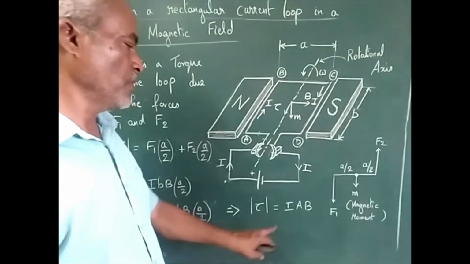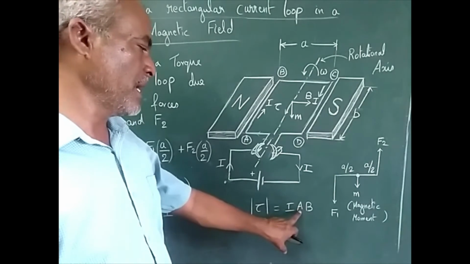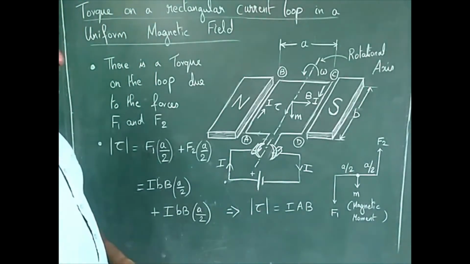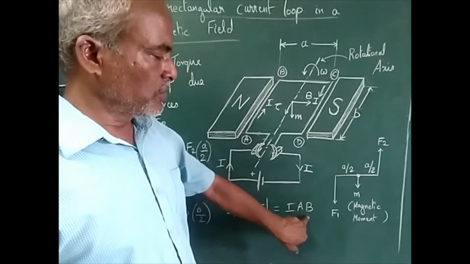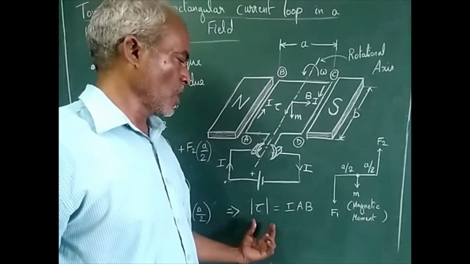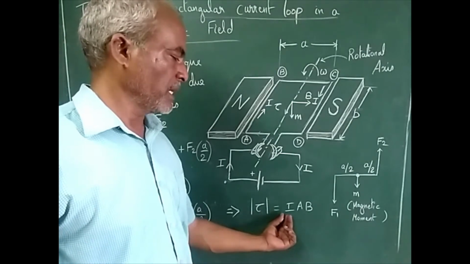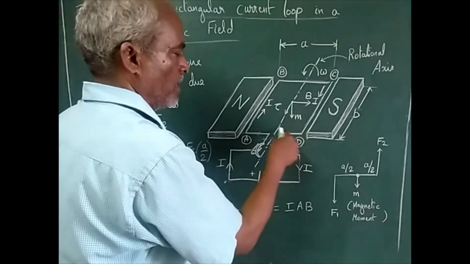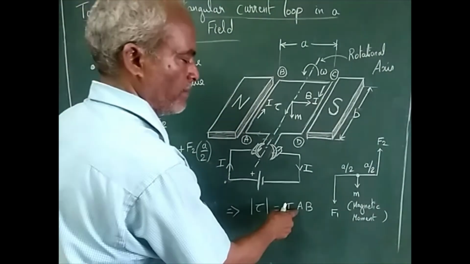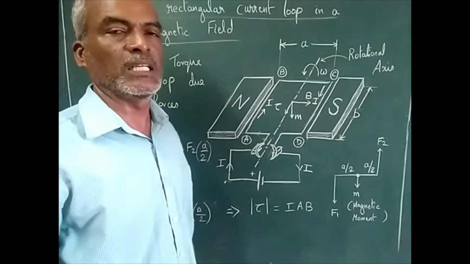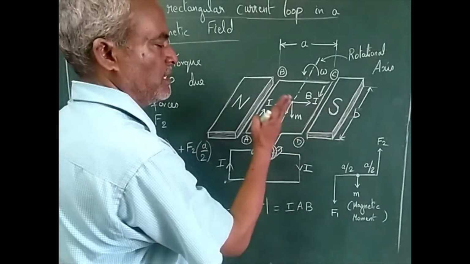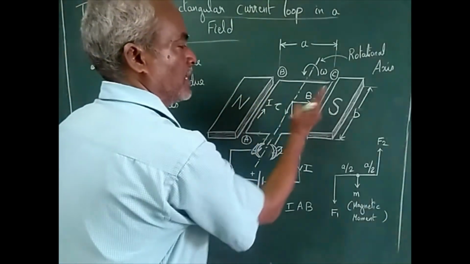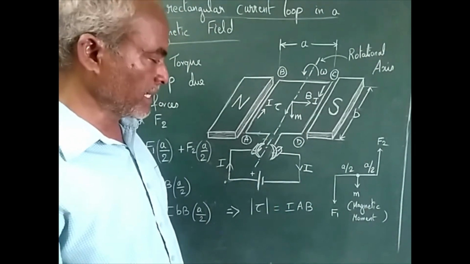So therefore we can write I into A into B. That means the magnitude of the torque is equal to the current multiplied by the area of the plane of the coil multiplied by magnetic flux density. Magnetic flux density or magnetic field is a constant magnetic field because of this North Pole and South Pole permanent magnet.